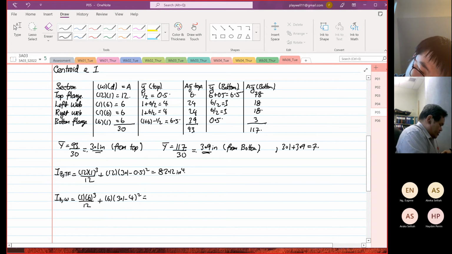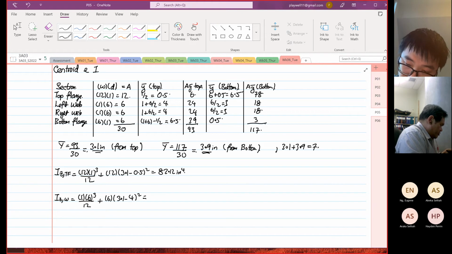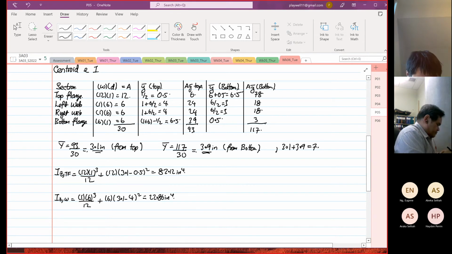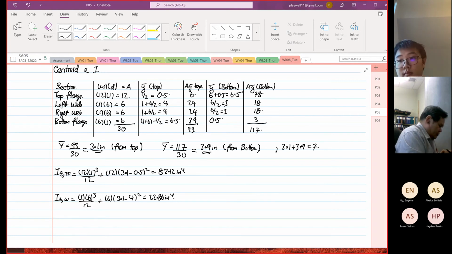Okay, 1 times 6 to the power 3 divided by 12 plus 6 times 3.1 minus 4 squared is 2.86.